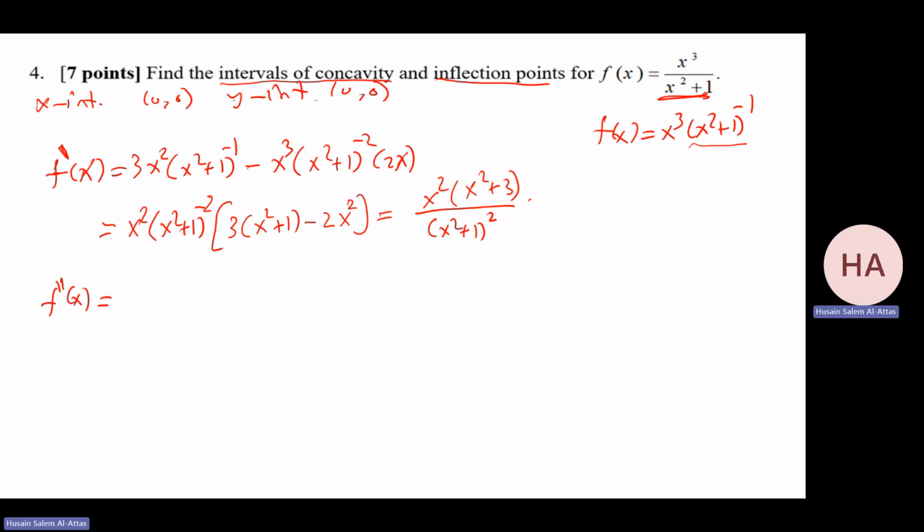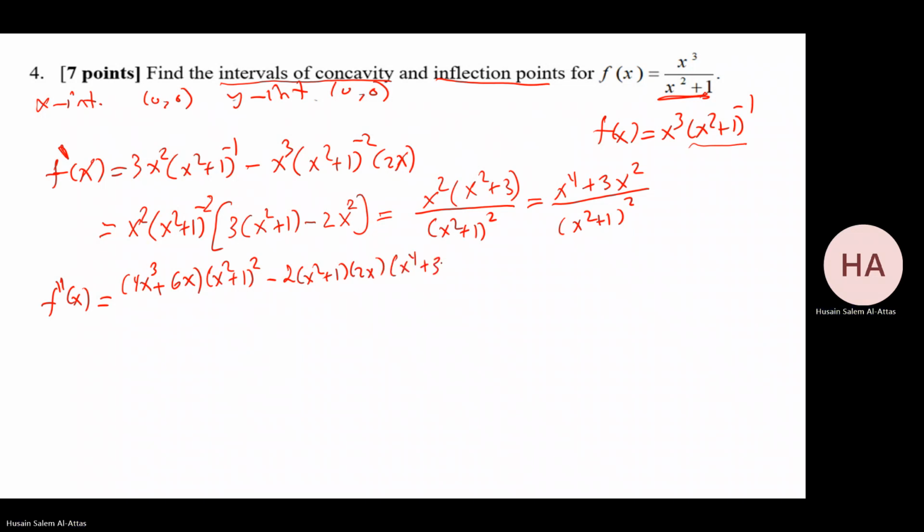This one is x to the power 4 plus 3x squared over this. I think this will be easier now. That will be 4x cubed plus 6x times the denominator, minus 2 (x squared plus 1) times 2x times the numerator, all over this to the power 4.